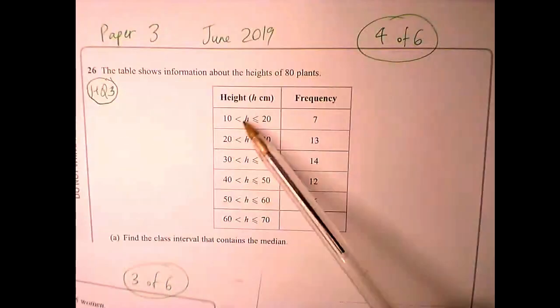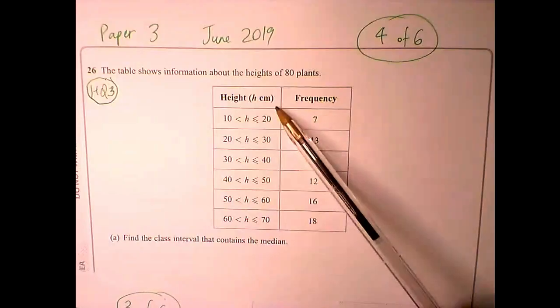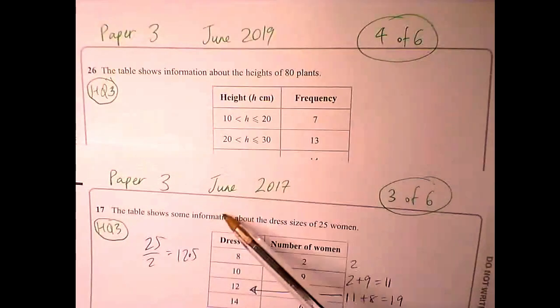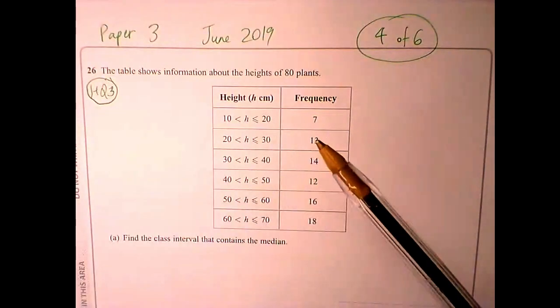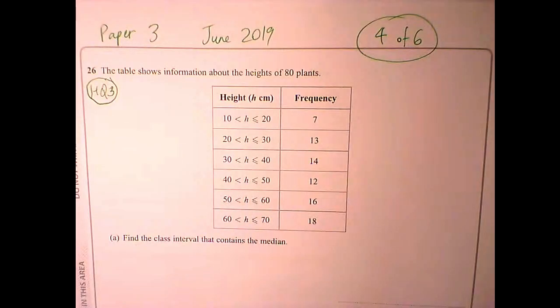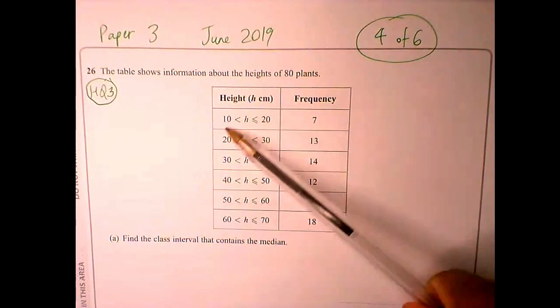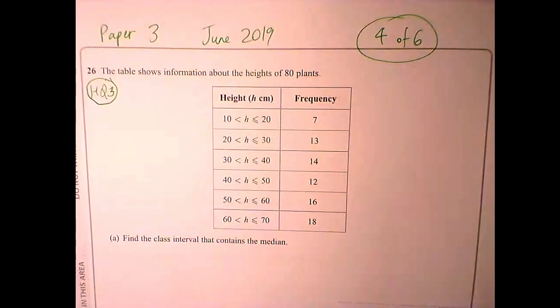What's different is that we now have a class interval, whereas before these were individual values. Even though these are different, the way we treat it to work out the median is exactly the same. So we don't actually need to worry about this part here. We just need to follow our steps.